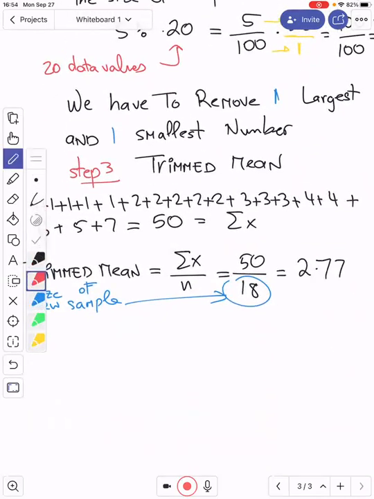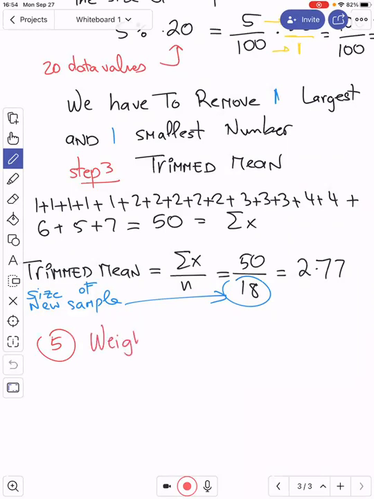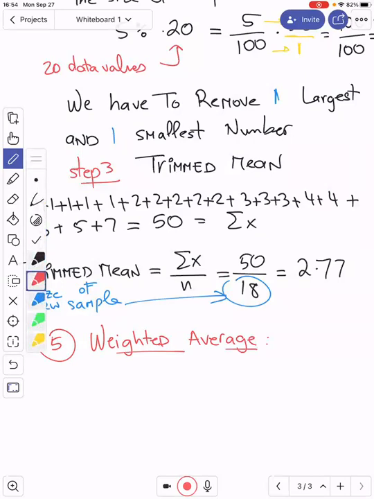So now we have the weighted average as number 5. We have the mode, the median, the mean, the trim mean, and now the weighted average. As I said, this is very useful. I actually use it to compute the course grade.